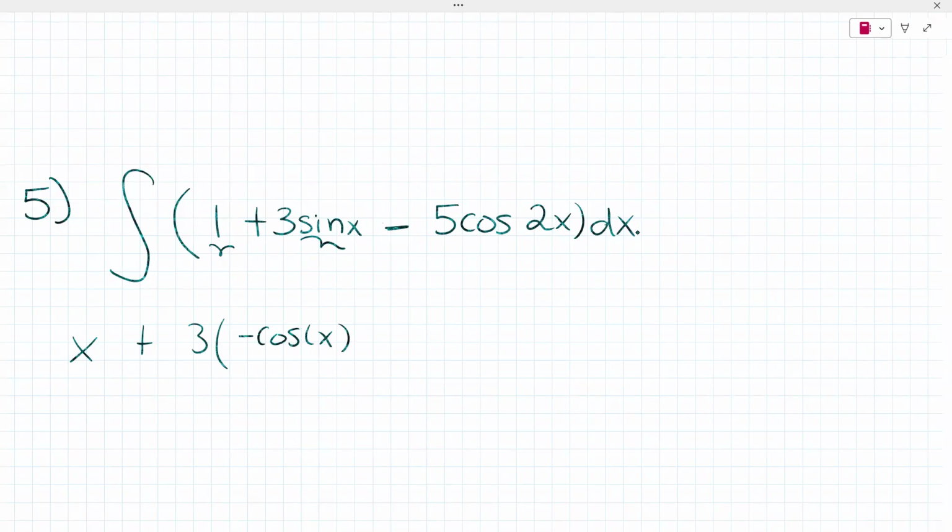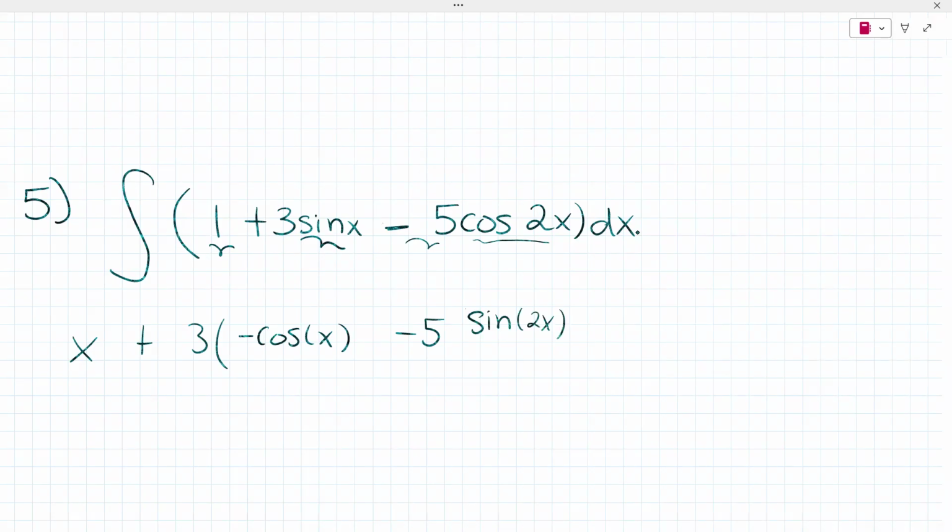What is the integration of negative 5 cosine of 2x? Well, negative 5 is a constant, so you can take it out. And then what is the integration of cosine of 2x? The integration of cosine of x is positive sine, and then it's still going to be 2x.